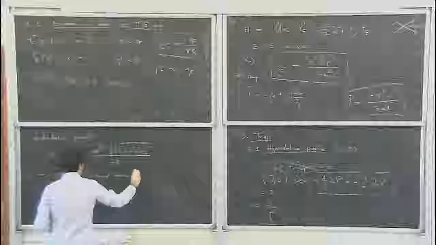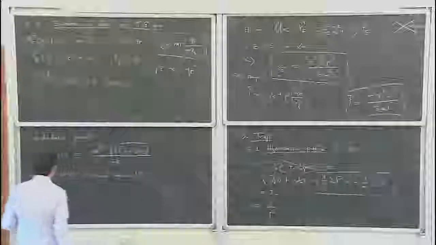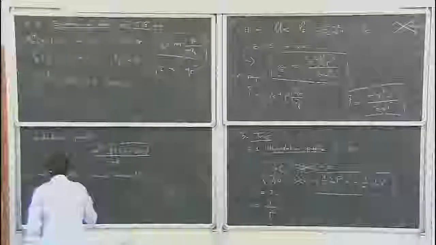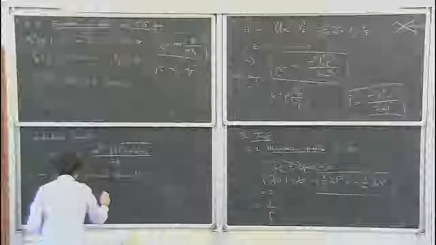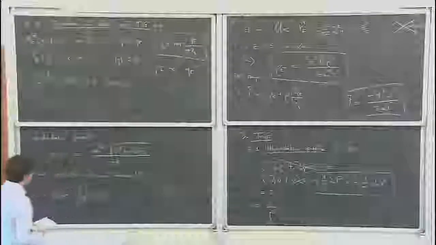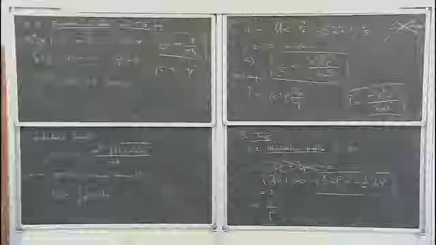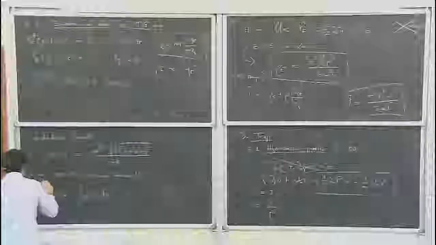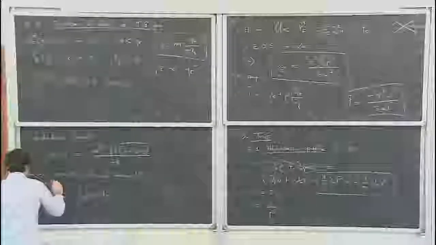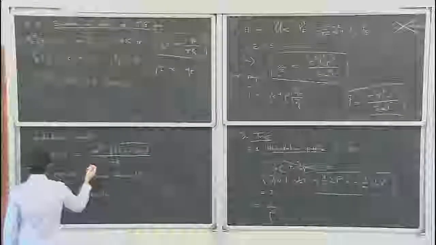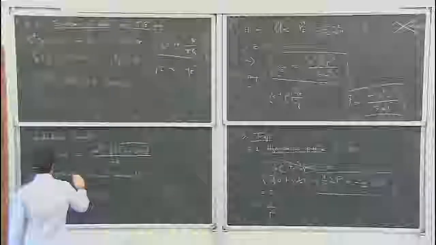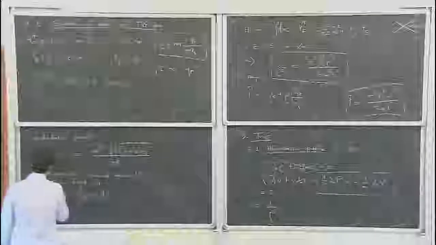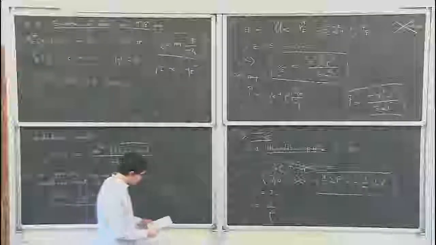And of course you should fix the chemical potential so that the total number of particles is the one you want in your system. So mu should be fixed such that you recover the correct number of particles.